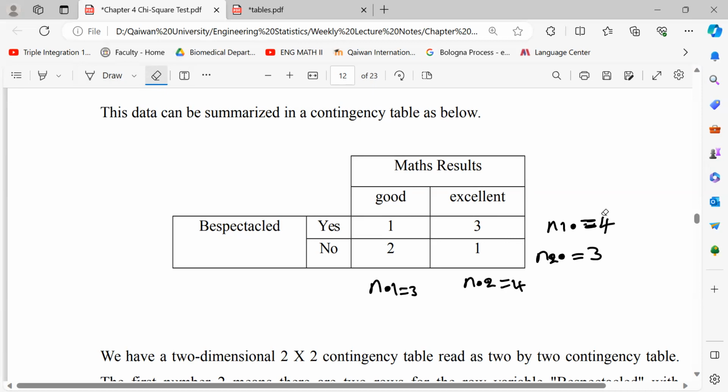Then we need to have n dot dot. If both indices are dots, this means the sum of all elements in the table, all rows and all columns, the sum of them all.